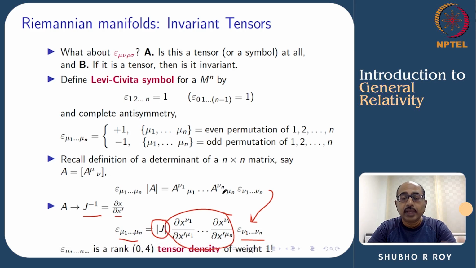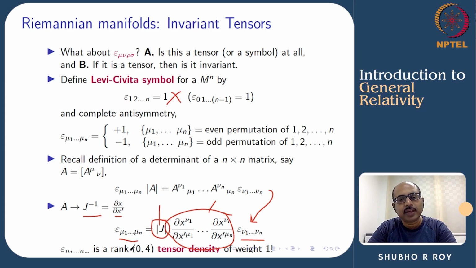So if the Levi-Civita was an invariant tensor, we would just have these components of the inverse Jacobian. We would not have this Jacobian determinant appearing. Because the Jacobian determinant appears here, this is not the transformation rule for a tensor. So the Levi-Civita symbol is not a tensor.